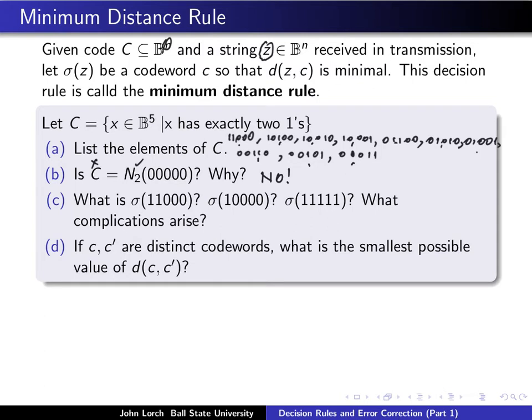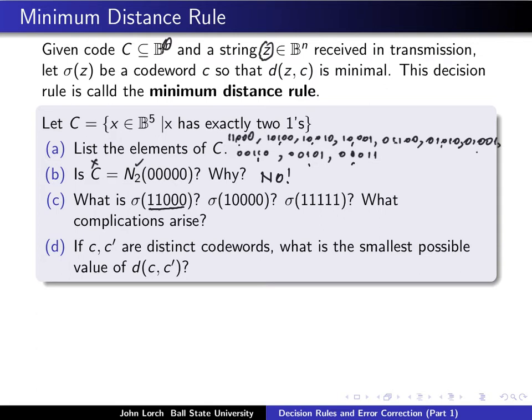All right, so now let's apply this minimum distance rule to some strings. So let's suppose you as a receiver receive string 11000 in transmission, and you are looking for a code word that is as close as possible to that received word.